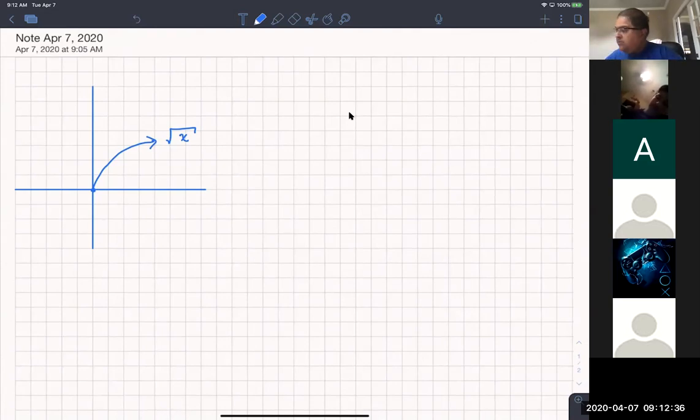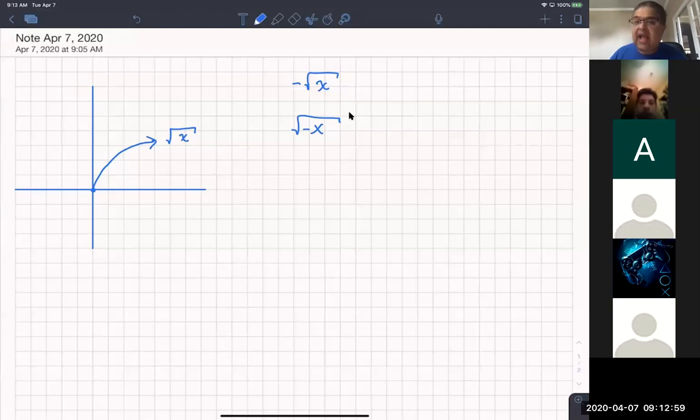Now, we talk about reflections in mathematics. So what happens when we put a negative in front of a function? What happens when we put a negative in front of the x? It causes a flipping of the graph, okay? So the normal square root function looks like the way I graphed it right here. Starts with 0, 0 and curves.